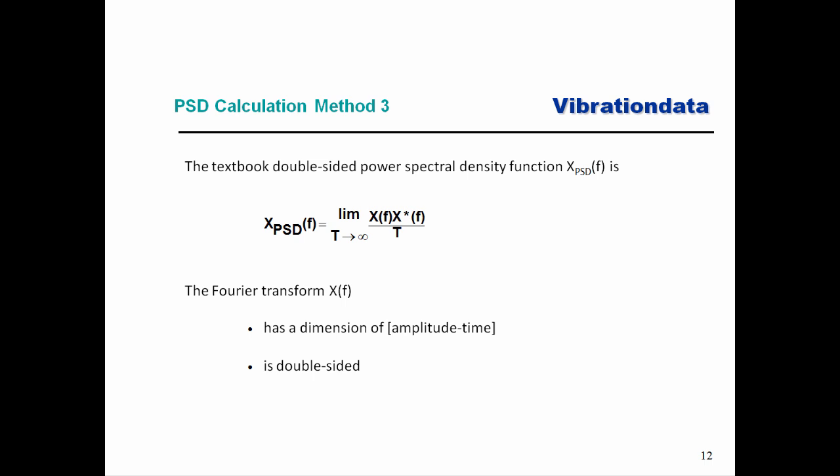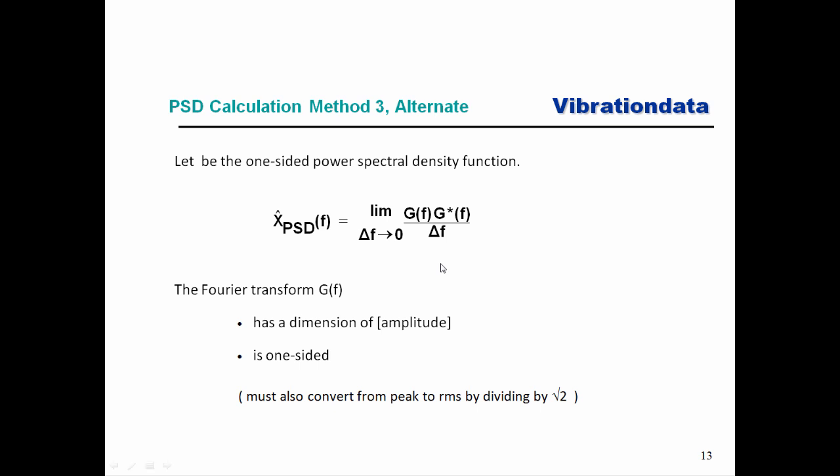Well, in engineering, we have our modified set of Fourier transforms. So I'm showing our modified set of engineering Fourier transforms here, and I'm using the letter G here, and these have a dimension of amplitude. So our Fourier transform gives us amplitude, and actually what it gives us is complex amplitudes.